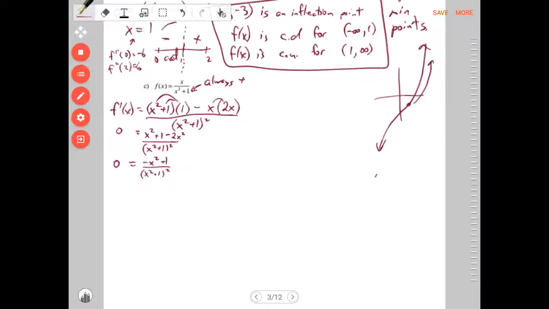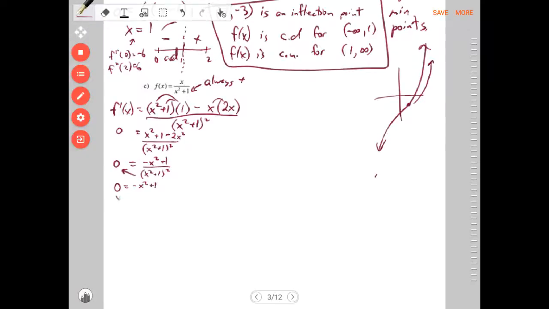So there's our first derivative. Not a big deal. Remember that little trick? The zeros always come from the top part, right? If I multiply that bottom part up, it just equals 0. So to find the critical values, we're going to go negative x squared plus 1.